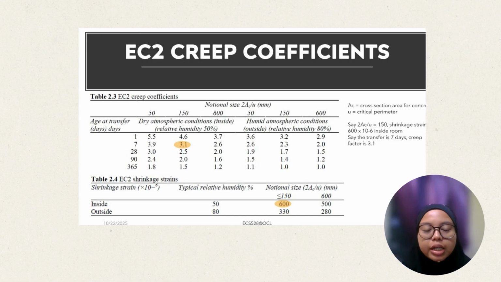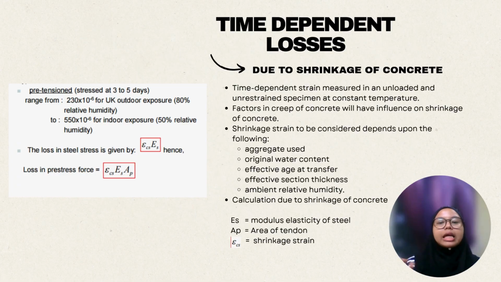This version is a creep coefficient from Eurocode 2. Next, time-dependent loss due to shrinkage of concrete, where time-dependent strain is measured in an unloaded and unrestrained specimen at constant temperature. The factors contributing to creep of concrete will also influence shrinkage of concrete, except for the loading condition.